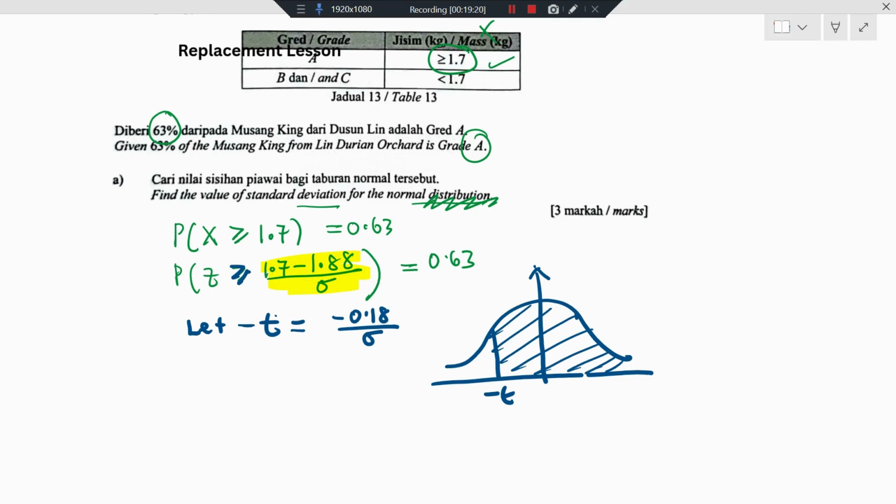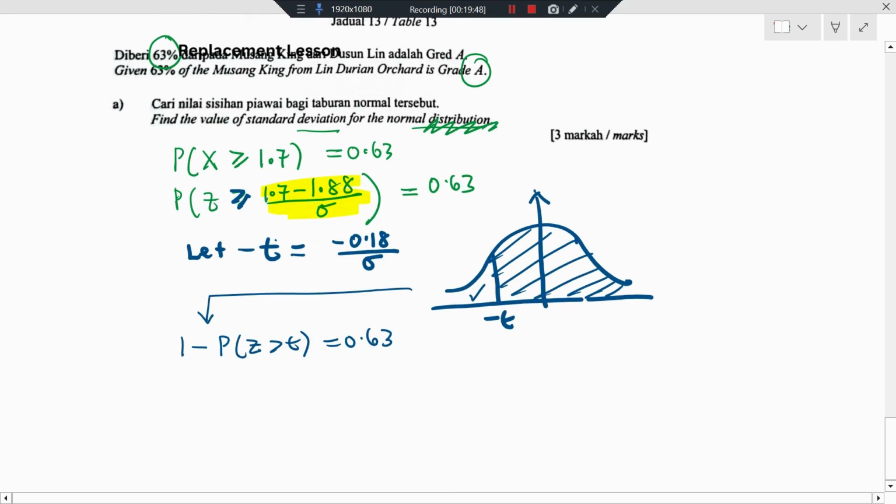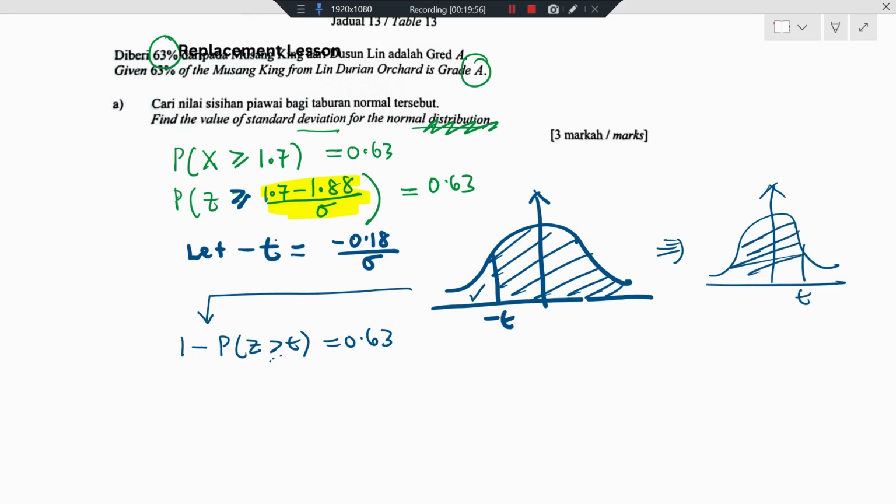We can directly read from the table this part, right? So I am reading the opposite, not the question, right? So I have to use 1 minus. So from this normal distribution, I need to find probability Z greater than T, which is 0.63. Okay, how come it becomes like this? Of course, you all must know, I can always reflect this into positive T, and then like this.